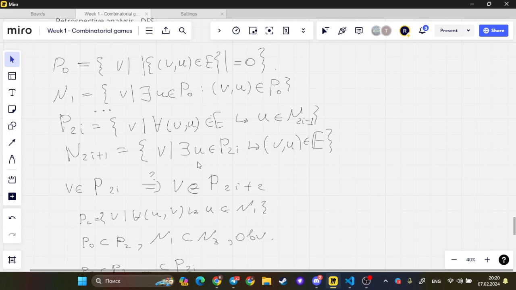Then there is a question of how these classes are connected.